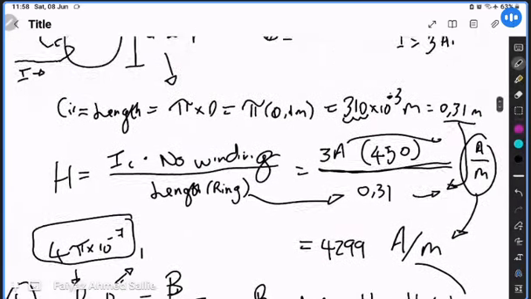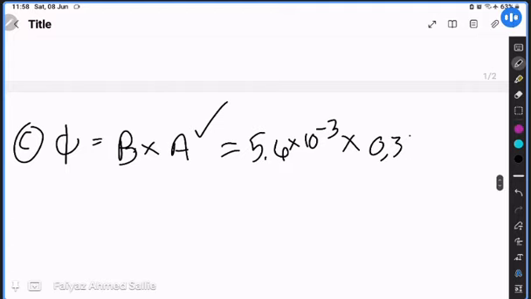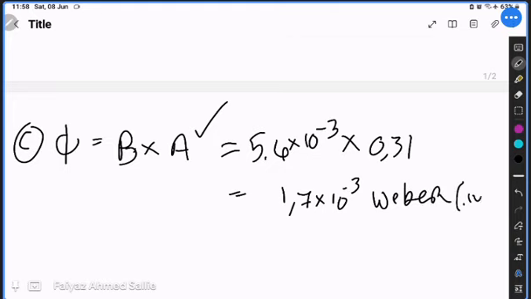Area is 0.31, and our answer there, let's do this quickly on the calculator, 5.4 times 10 to the power negative 3 multiplied by 0.31. So we got 1.7 times 10 to the minus 3 Weber. Or you can just write that.